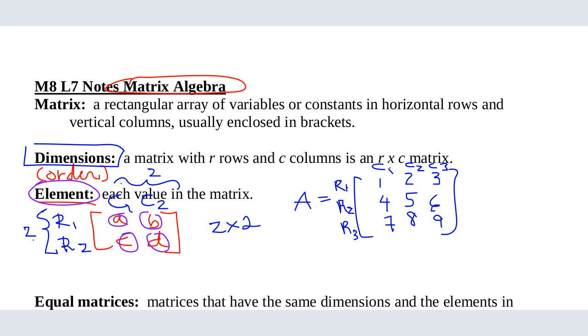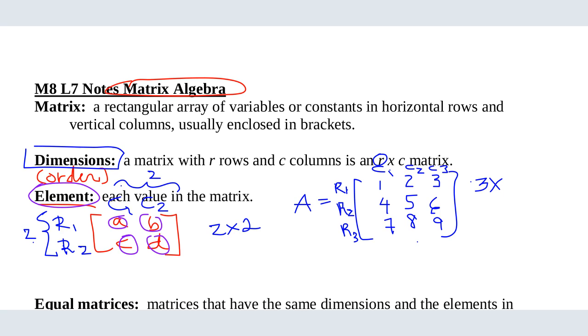So that means we have 3 rows. So you do rows first. So 3 rows by 1, 2, 3 columns.